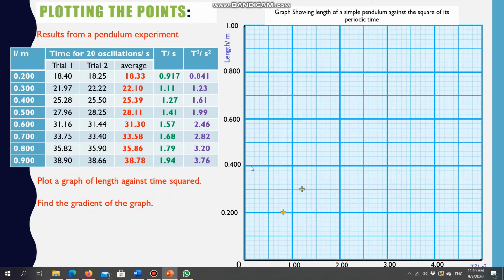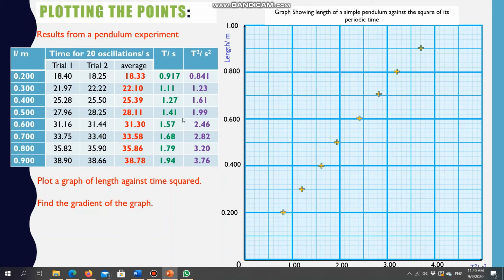Now 0.4 is on this line. 1.61 is around here. And so we continue like this until we have all our points. So we have all 8 points.